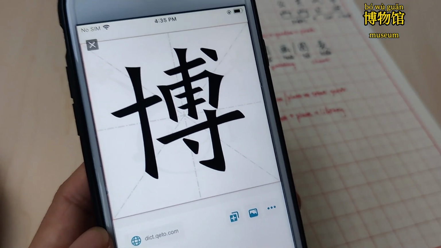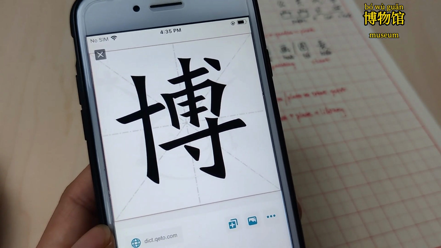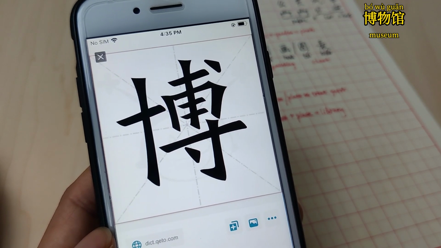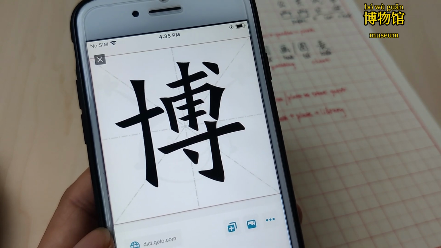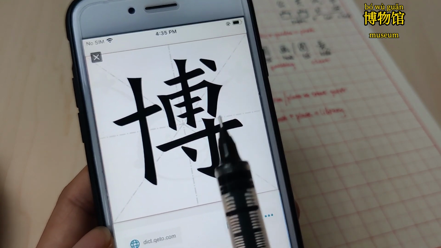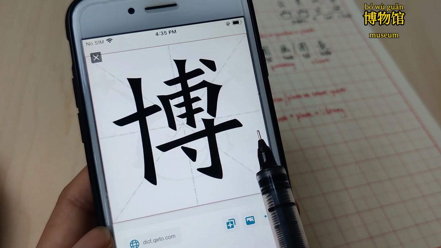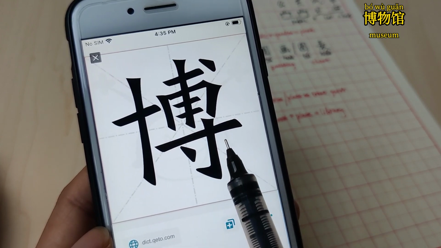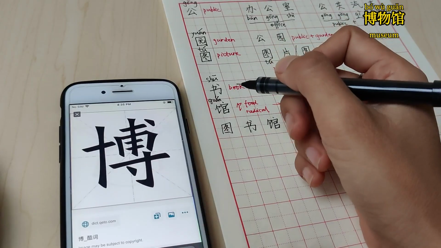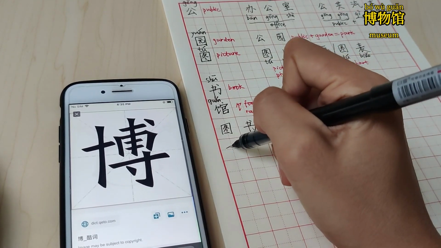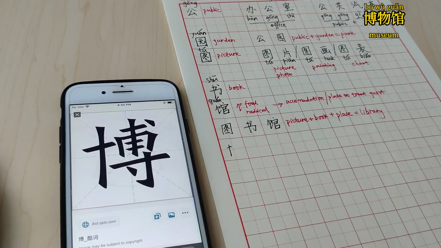Move on to the next word, 博物馆, museum. And this is how we write the 博. I know it's very complicated, but take a deep breath. It's not that difficult. It's a left-right structure, and on the right side, we have a top-bottom structure. So on the left, we go 1, 2, easy.